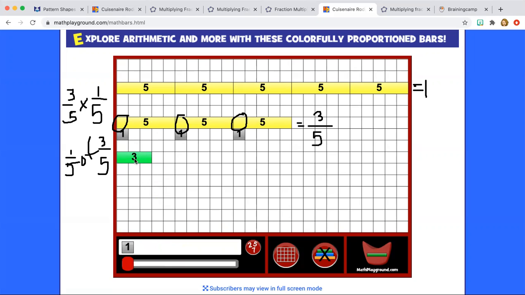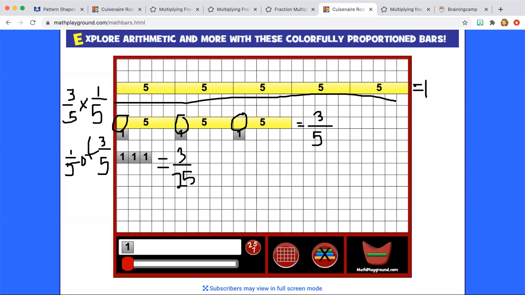Maybe that's not helpful. I'm going to get rid of that one. So I have 1, 1, 1. And so these 3 are 3 now out of the whole. Go back to your whole, which is length 25. So this is 3/25. This is showing this 1/5 of 3/5. So 1/5 of this, 1/5 here, 1/5 here.